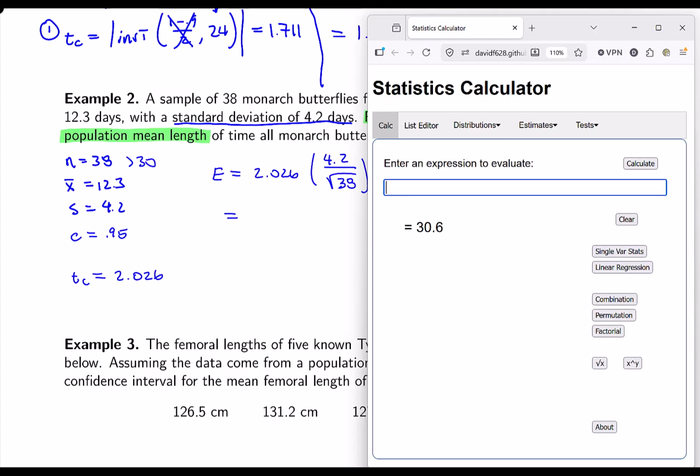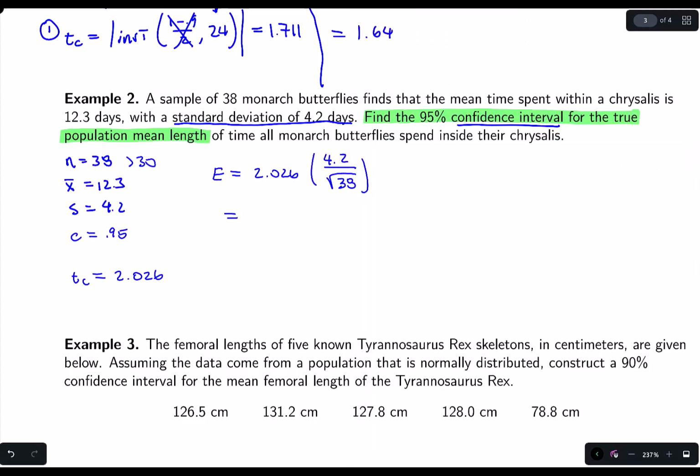So 2.026 times 4.2 divided by the square root of 38. Now, when I press enter, I get the value of that margin of error. So 1.38.